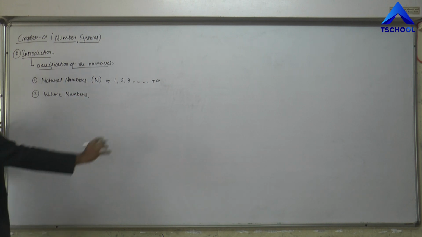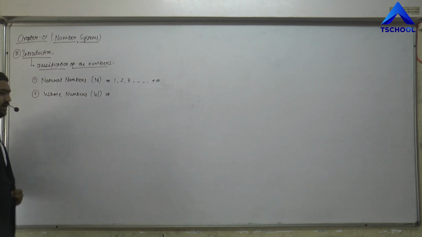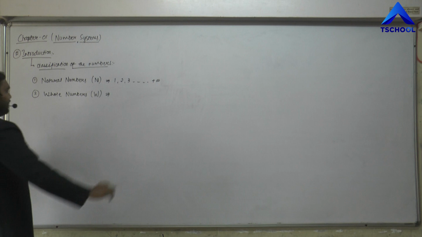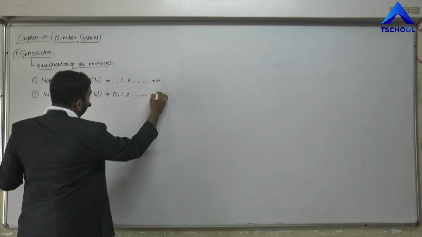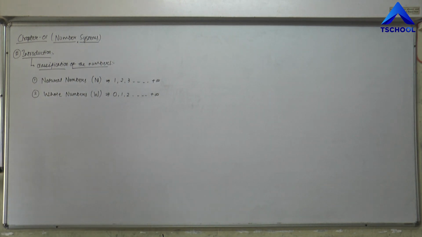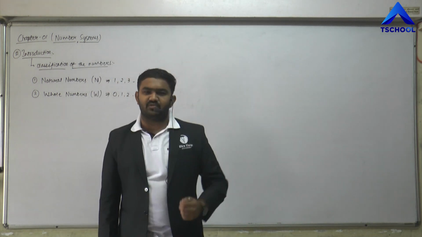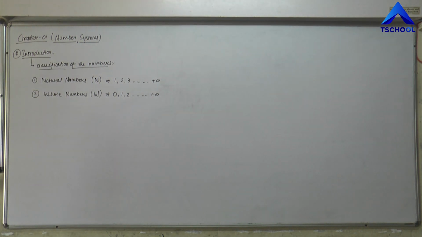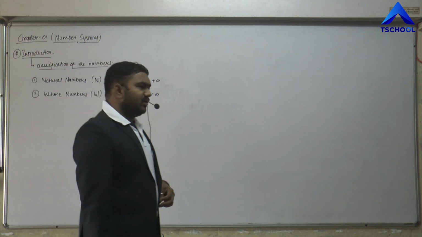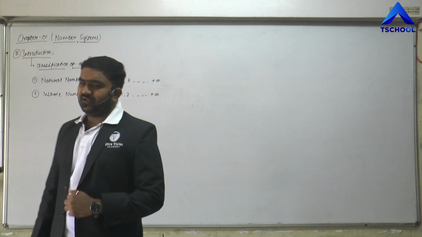Whole numbers are denoted as capital W. This is a group which starts from 0 including all the natural numbers. That means all the natural numbers and including 0 becomes the group of the whole numbers. So the basic definition of whole numbers is, a whole number is a group of numbers which contains all the natural numbers including 0.